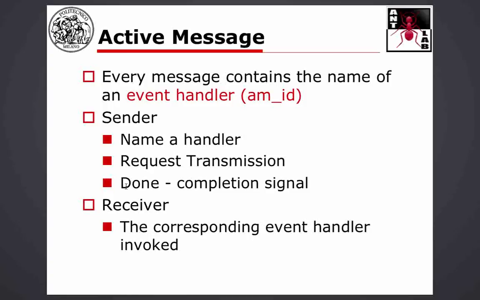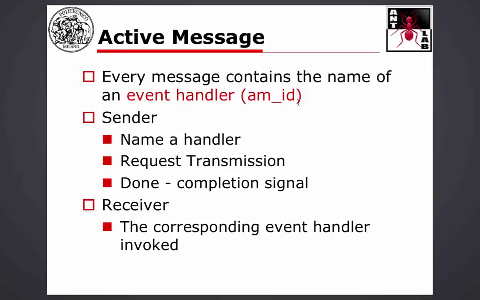Now, when we use active message, it's a little bit like TCP, okay, where you have to specify on which port you want the communication to be performed, okay. So active message supports what is called an event handler, which is the active message ID, and each time we send or receive a message, we can specify on which ID to send or listen, okay?